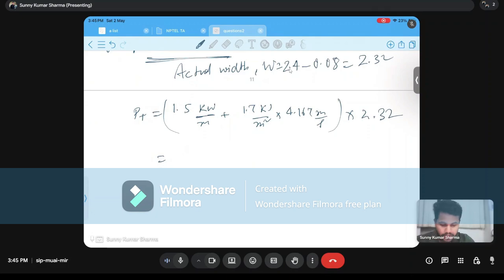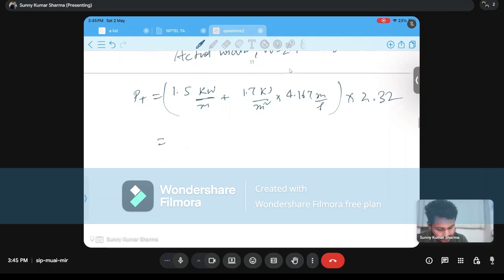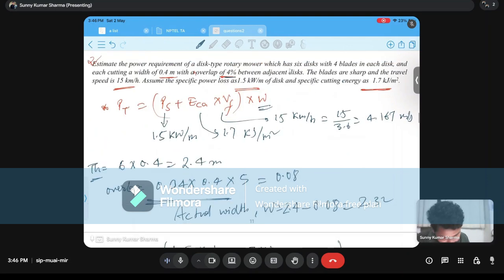We just need to solve this calculation. The final value will become 1.5 plus 1.7 into 4.167, which is 8.5839, into 2.32. It is coming as 19.91 kilowatt.